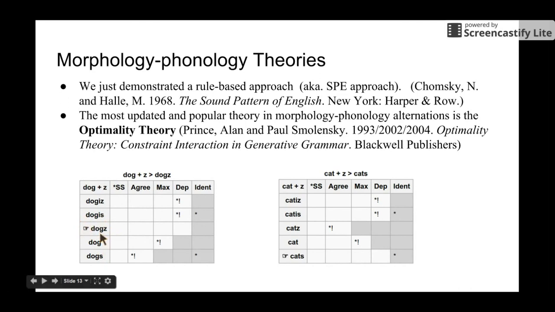This is the way for OT to derive the output. For this, we have the same thing. In this table, we are assuming that the basic form is Z. The basic form is the input, and we have several candidates here, and then we have the constraints which evaluate the candidates.